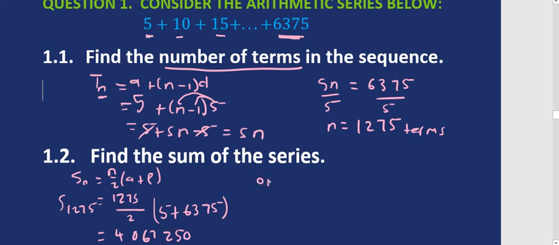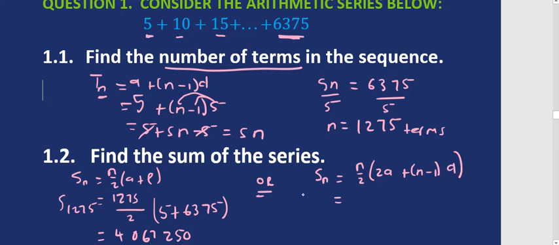Or alternatively, if we did not have the last term, we could have used the other Sn formula. It's much longer. This is it. We could have used this formula.